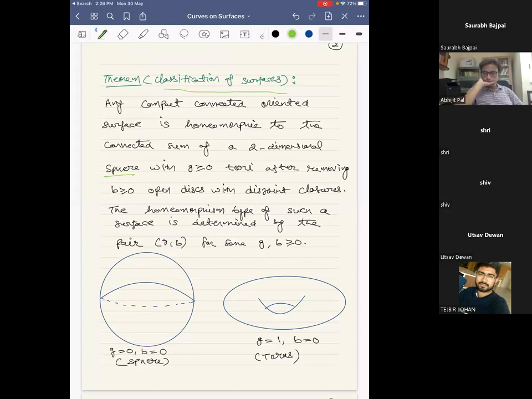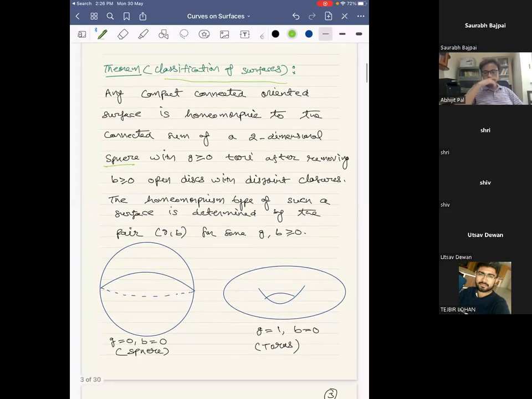I hope everyone is familiar with the notion of connected sum here. And not only this, the homeomorphism type of such a surface is determined by this pair G and B, where G and B are non-negative integers.